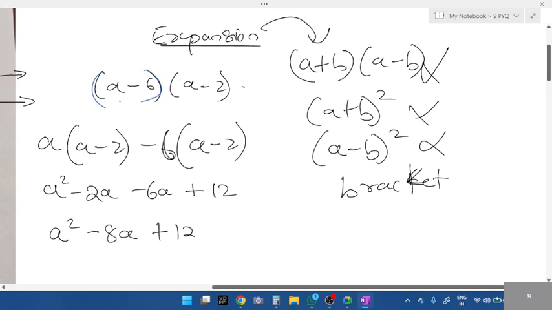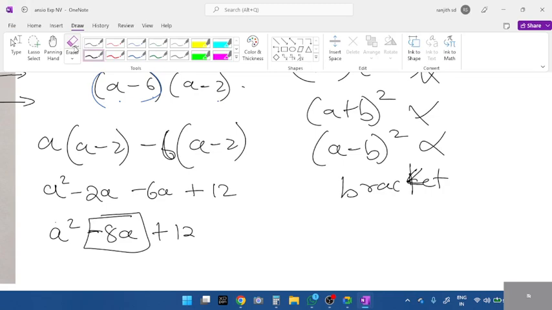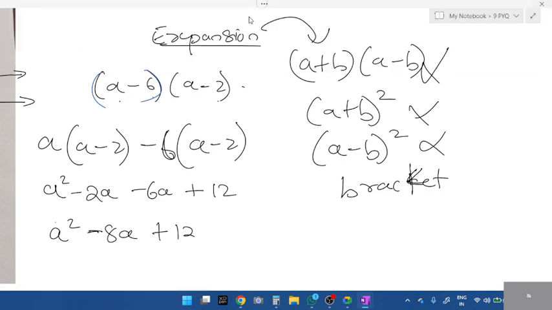Minus 8a. This is what I asked. Minus 8a. All of you can solve a square and 12, students, but they would make a mistake here. It is minus into minus is plus. 6 plus 2 is 8, so it is minus 8a. Is it clear? Complete this, write it, students.